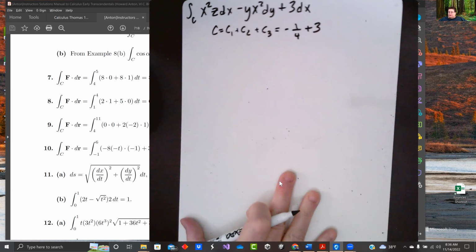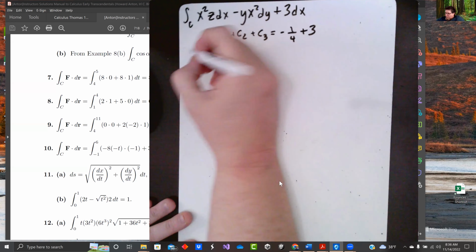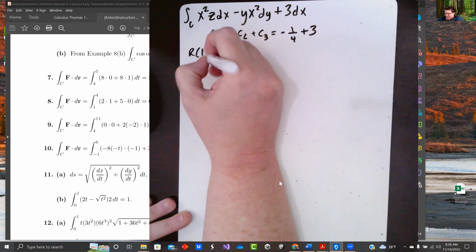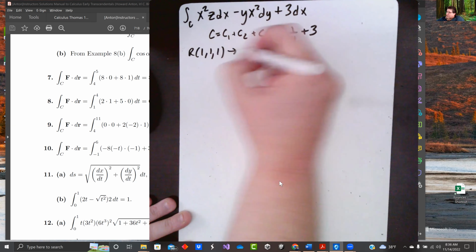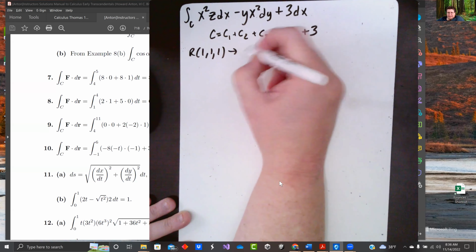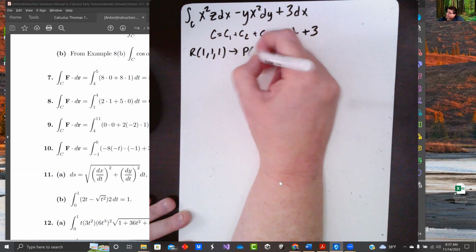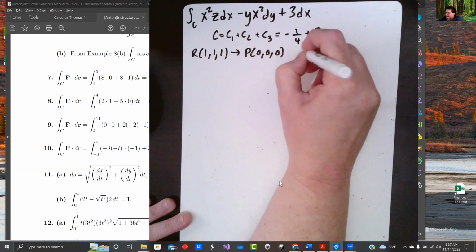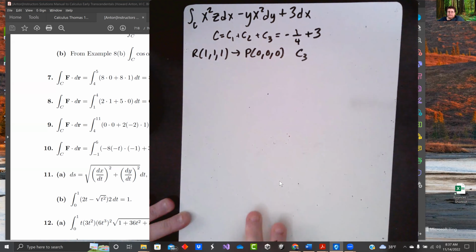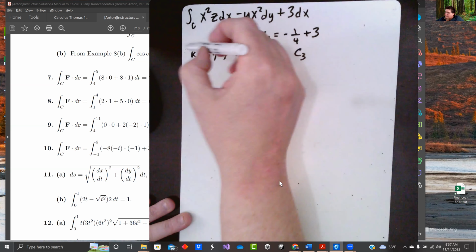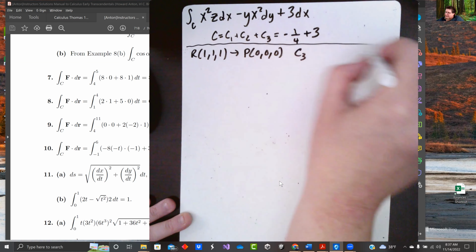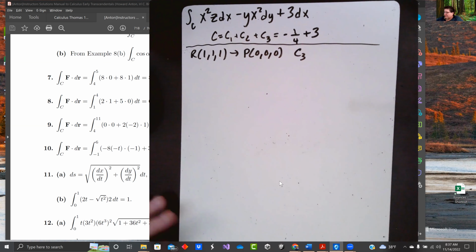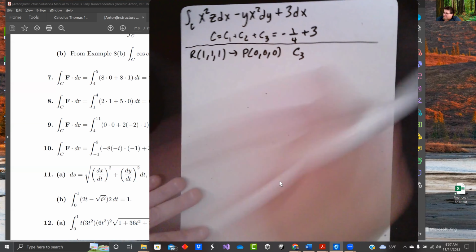And the final component goes from R at 111 back to P again at 000. And so this is our C3 path. That's the prior information that we had. That's the integral that we're looking at.